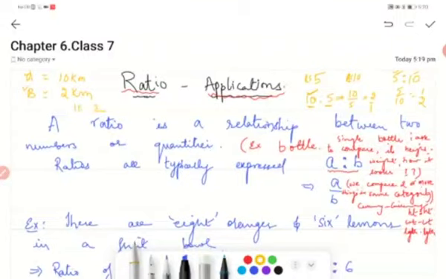That is, student A is far away. How many times far away? He is 5 times far away, that is, we get 5 is to 1, since 2 fives are 10 and 2 ones are 2. So student A is 5 times farther away than student B. Or you can say the opposite, 1 is to 5, that is, student B is 1 by 5 times nearer compared to A.